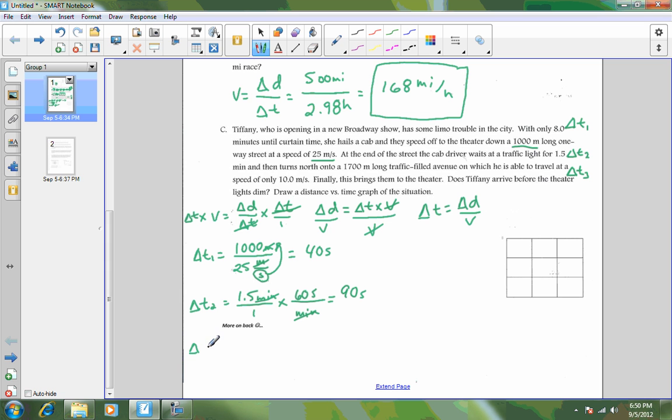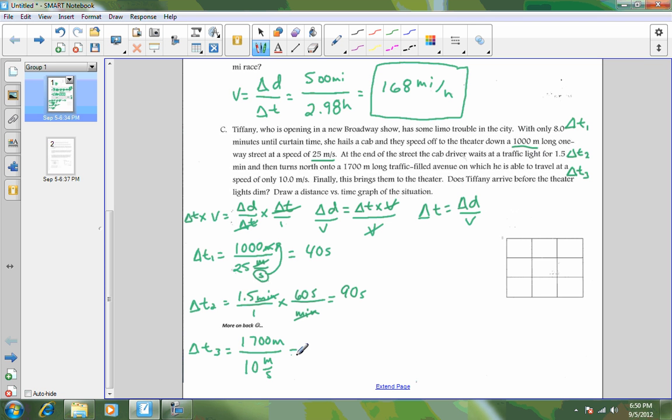For time interval number 3, we've got Tiffany traveling down a 1,700 meter long avenue at a velocity of 10 meters per second. So again, we're going to use our formula solved for delta t. Time interval 3 is going to be given by 1,700 meters divided by 10 meters per second.